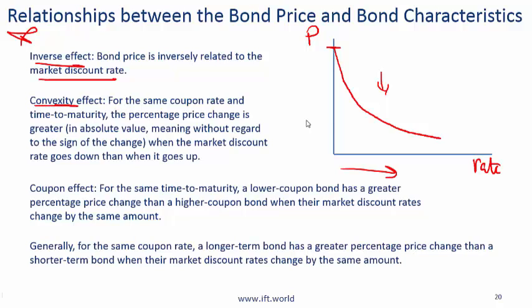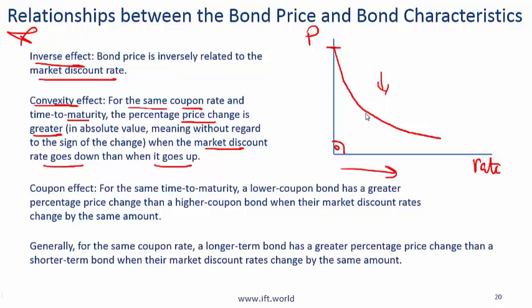Convexity effect. Notice that if you look at this curve from the origin, then the shape is convex. But more formally, here is what we can say. For the same coupon rate and time to maturity, the percentage price change is greater when the market discount rate goes down than when it goes up. So what does that mean?